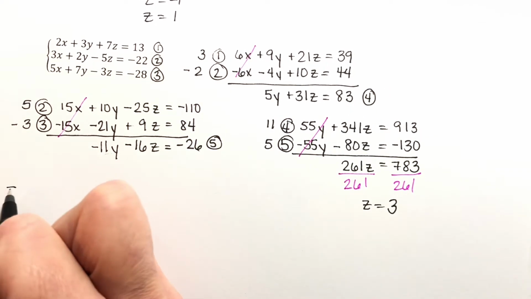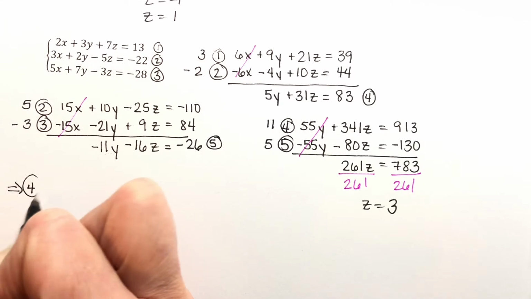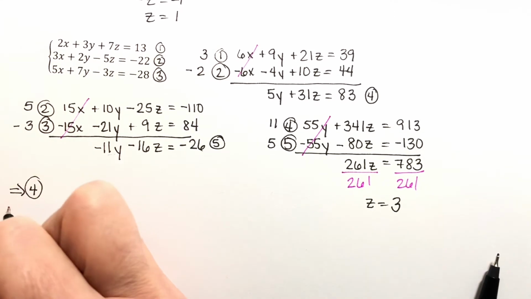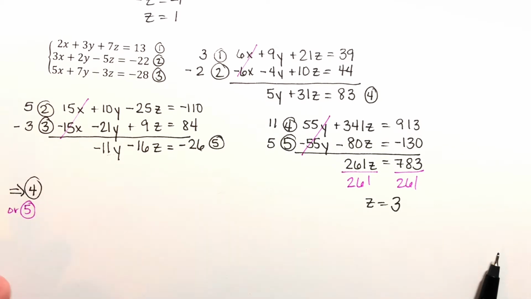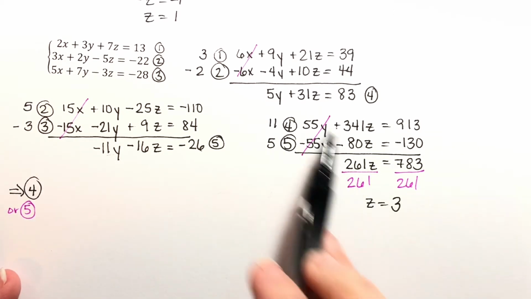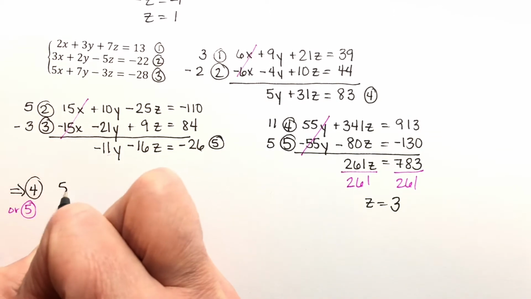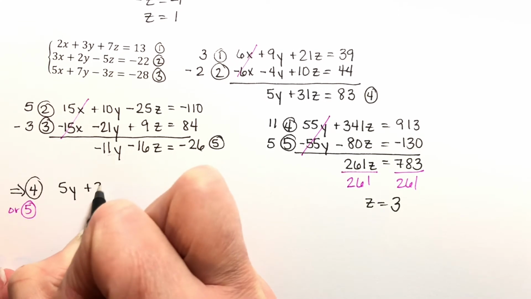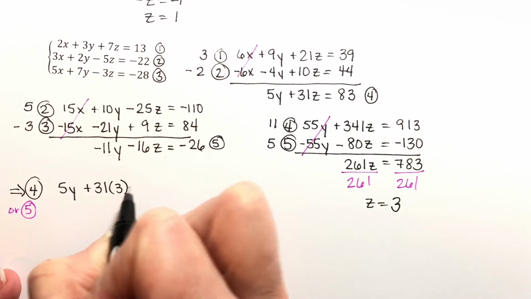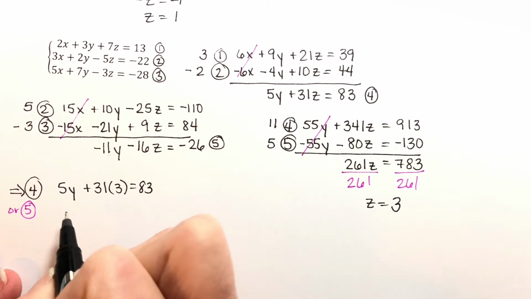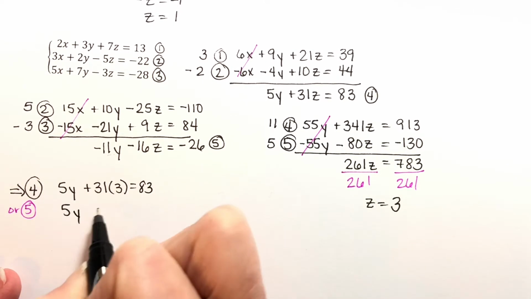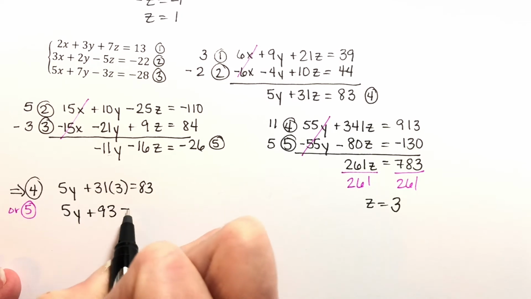So I'm going to choose to plug into 4. And again, this could have been 5 right here, whichever one looks easier to you. So this would be 5y plus 31 times 3 is equal to 83, which is 5y plus 93 is equal to 83.